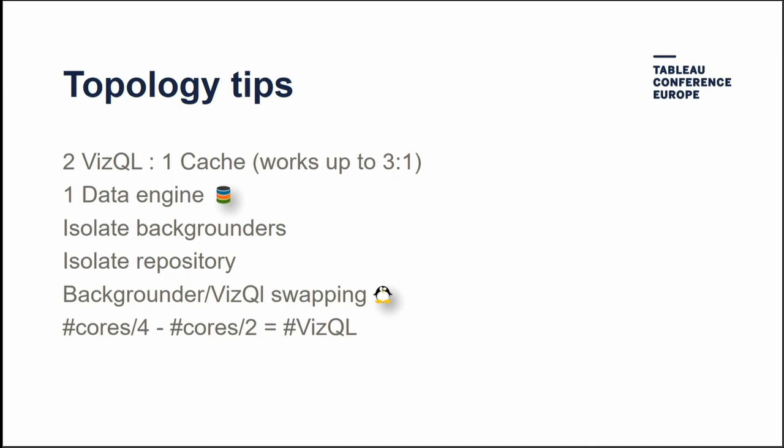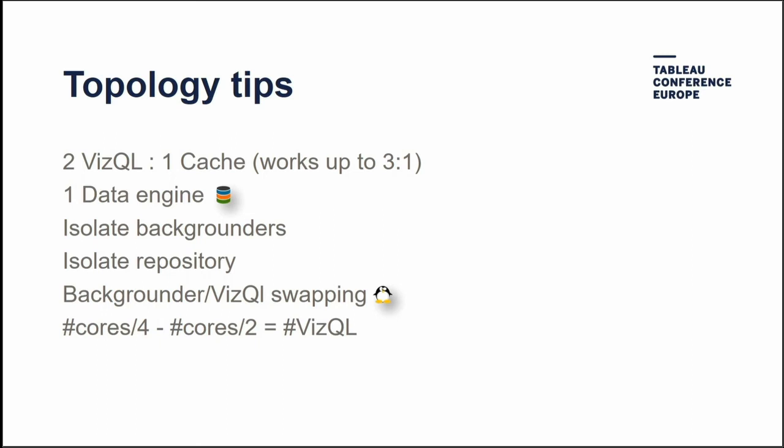The next to last one is about swapping. This is only available on Linux. Basically you can swap the backgrounder to the vSQL. So let's say in the morning you've got loads of users connecting onto the environment, but you've also set up a large number of backgrounders that are not being used at that time.